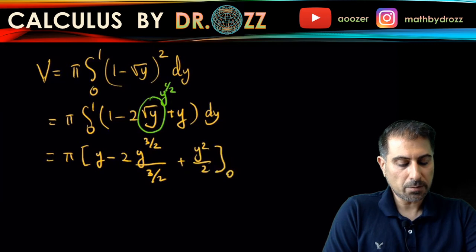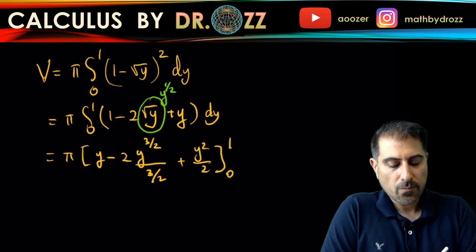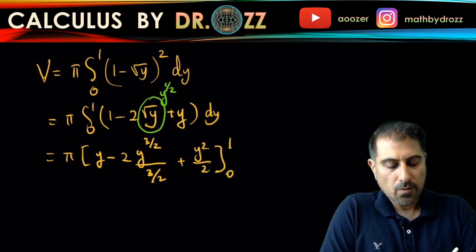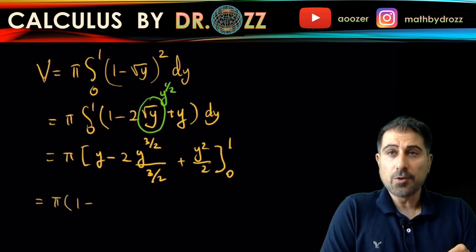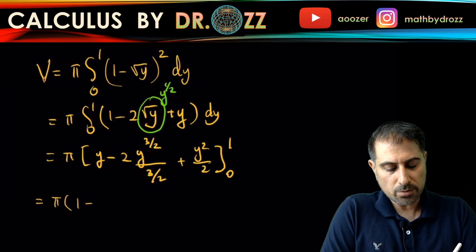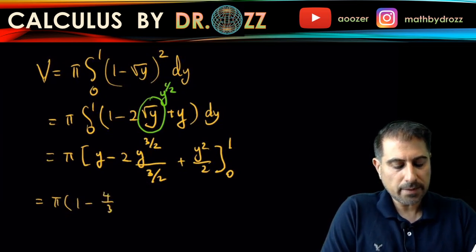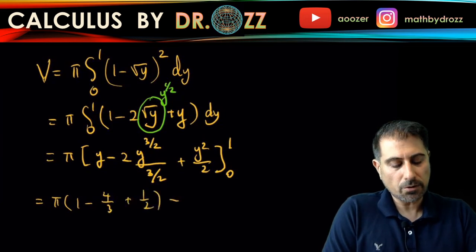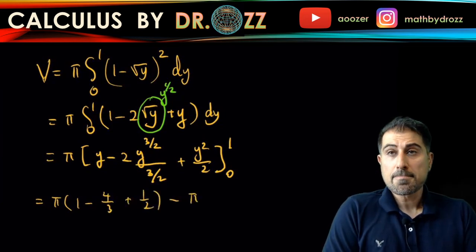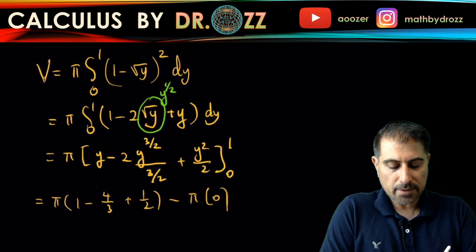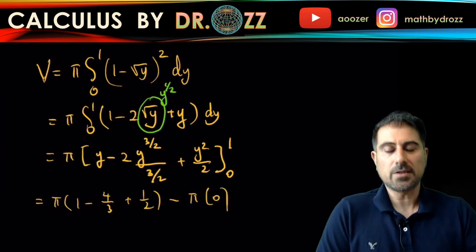You can use the fundamental theorem of calculus. So pi times (1 minus 2 over 3 over 2, that makes it 4 over 3, plus 1 half) minus pi times the lower limit plugged in, but that's 0. So if you simplify this, you're going to get 2 pi over 15.